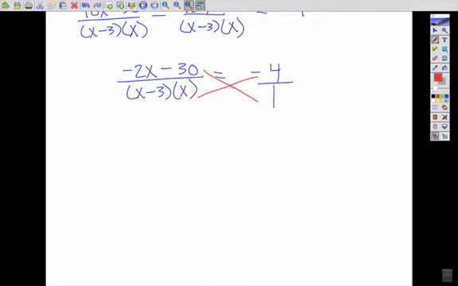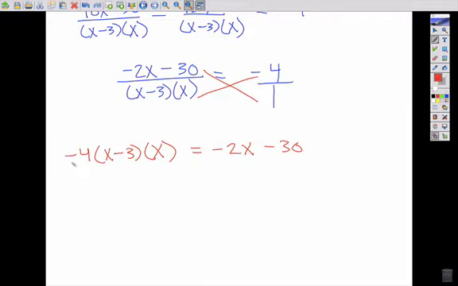So just multiplying across. So I have negative 4 times x minus 3 times x, setting that equal to 1 times this side, which is just going to be negative 2x minus 30.